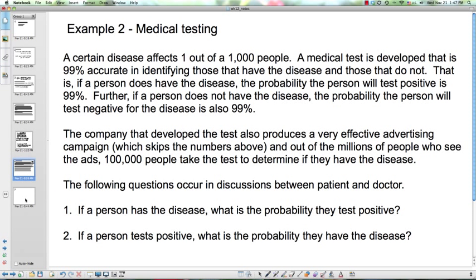So the disease affects 1 out of 1,000 people. So again, I've got these two conditions. Either you have the disease or you don't. You test positive or you don't. And so that makes it easy for me to make a table.